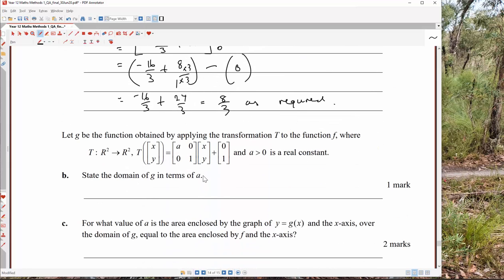Okay, so let g be the function obtained by transforming f, where this describes the transformation. So what we've got is x dash equals ax, so it's a dilation by a factor of a from the y-axis, and y dash is equal to y plus 1.